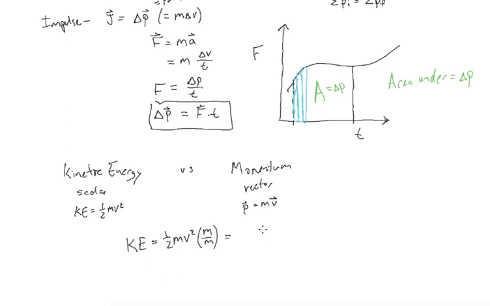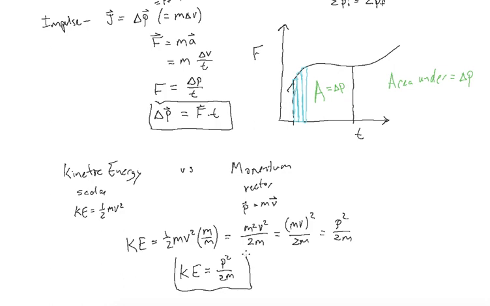What that gives me is m squared v squared over 2m, which is (mv) squared over 2m, and mv is momentum. So we can write kinetic energy now with a nice little equation: kinetic energy is simply p squared, momentum squared, over 2m.